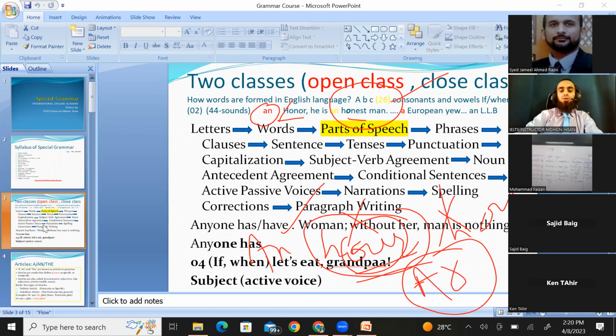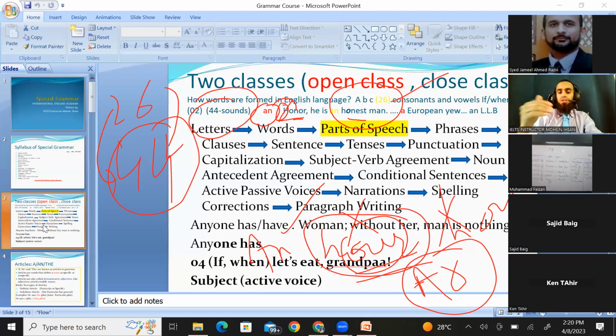Now, those words which start with the sound, like here, H is a consonant, but we are referring to the sound. In English there are 44 sounds. The alphabets are 26, but the sounds produced by the alphabets are 44. Those 44 sounds decide whether we are going to be followed by "an" or "a," like an honest.